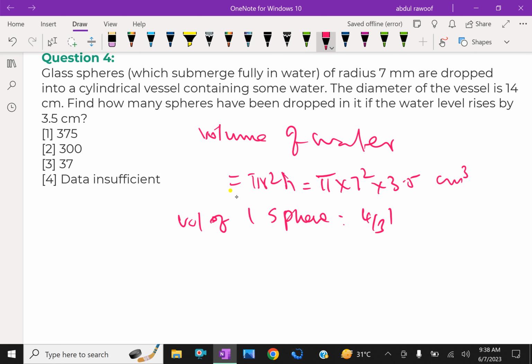4 by 3 pi, radius is 0.7, that is 7 by 10, 7 by 10, 7 by 10.